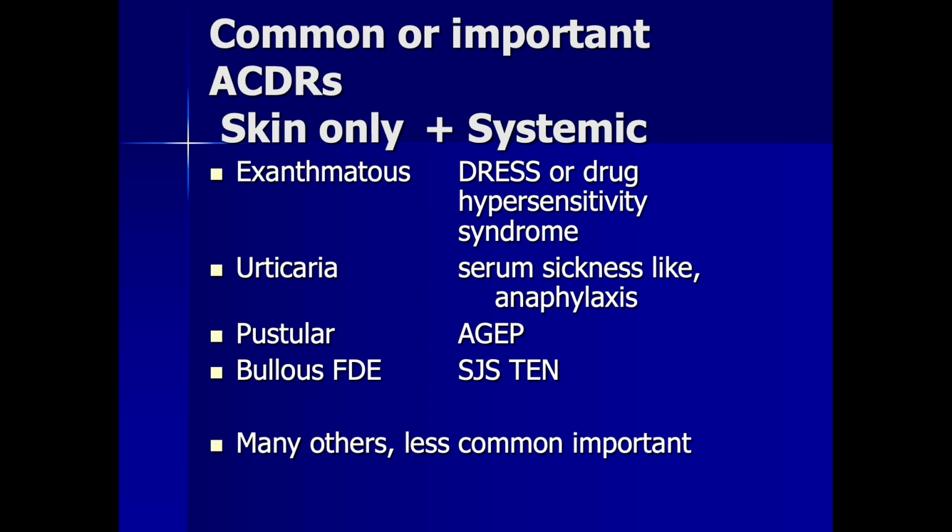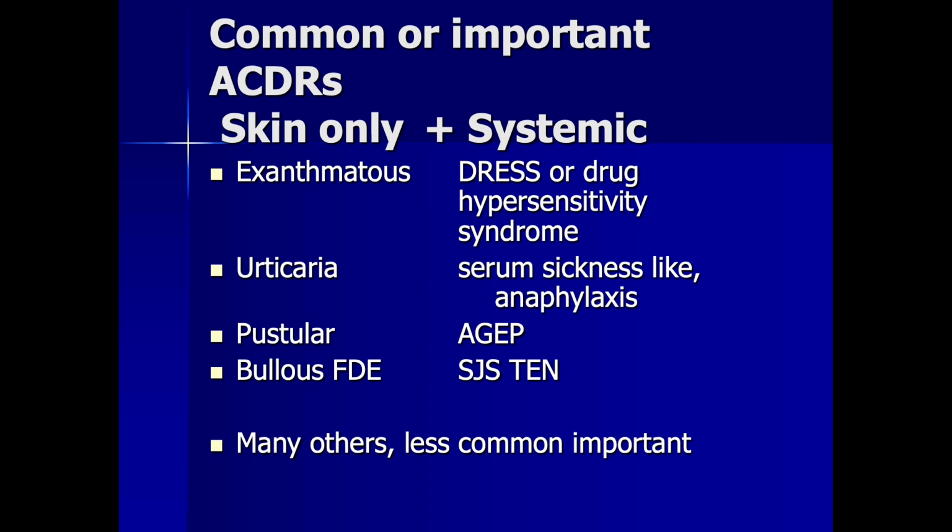And as previously stated, about 95% of all cutaneous reactions are of this type and affect the skin only. But in DRESS syndrome, or otherwise termed the drug hypersensitivity syndrome, there may be an exanthematous eruption with other systemic symptoms such as fever, lymphadenopathy, transaminitis, eosinophilia, and a number of other internal problems, more later.